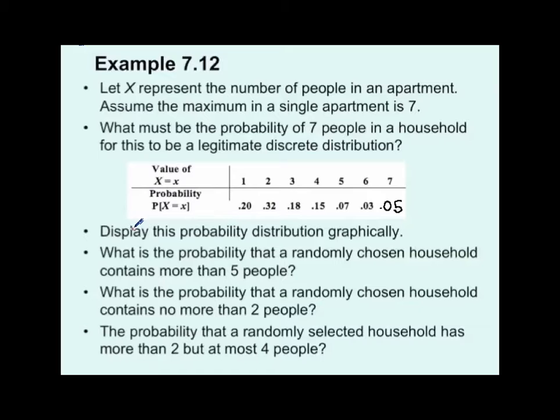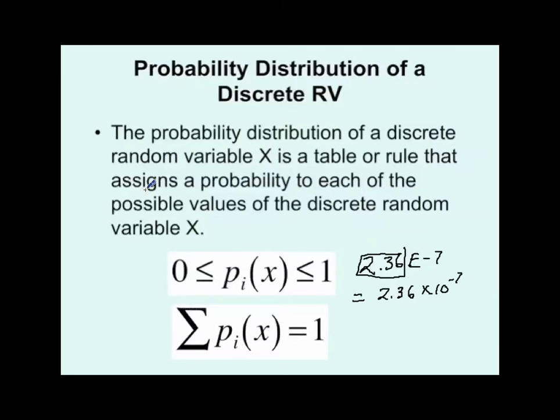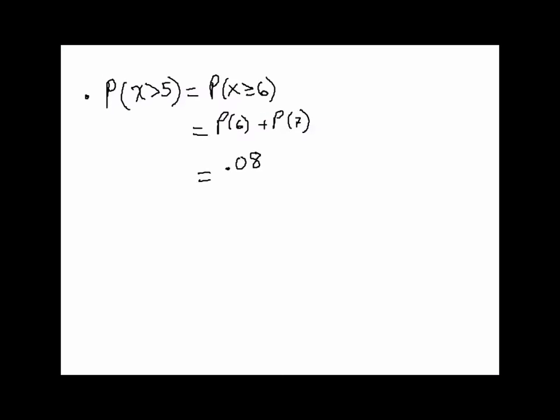What is the probability that a randomly chosen household contains no more than 2 people? So what do we mean by no more than 2 people? That would be 2 or less, right? No more than 2 means you can have 2, but you have to have 2 or less. So in that case, we want the probability of x being less than or equal to 2.